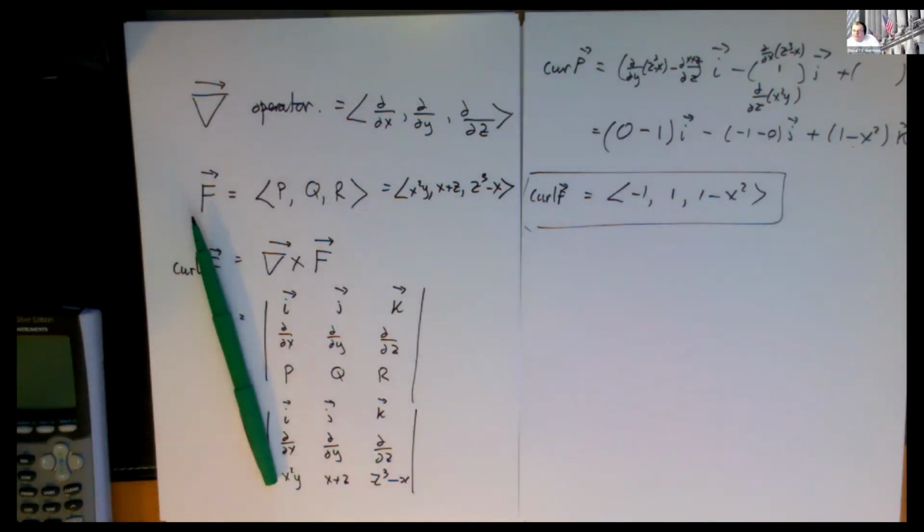So the z direction is affected by the x coordinate of the point. If you imagine the curl as a little vector representing how the object is trying to rotate, it rotates in the direction -1, 1, whatever 1 minus x squared happens to be.